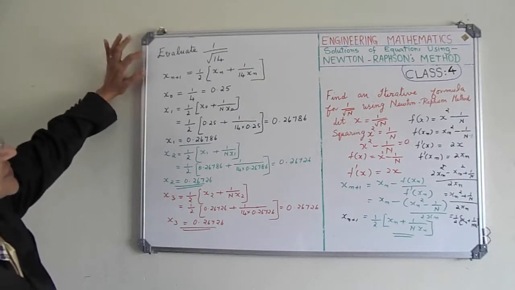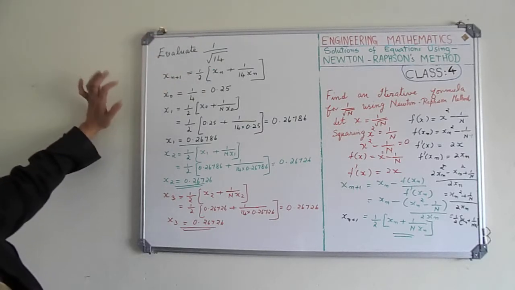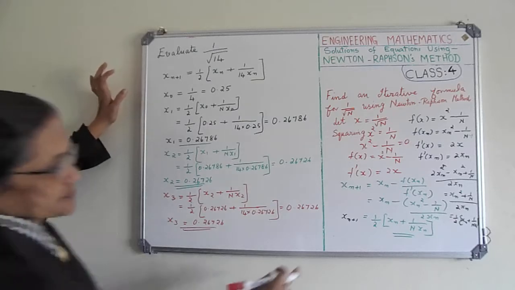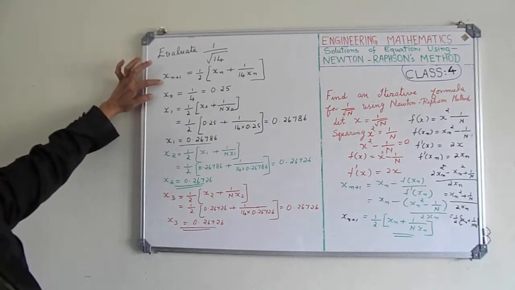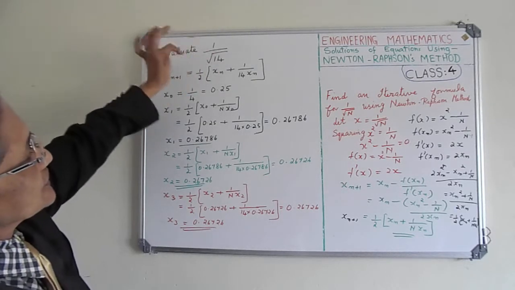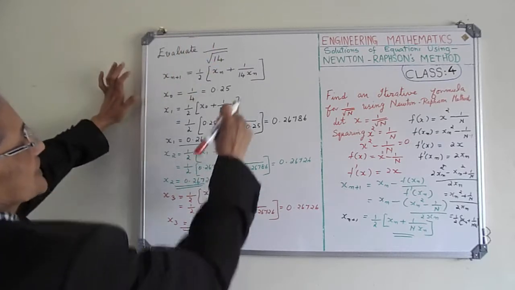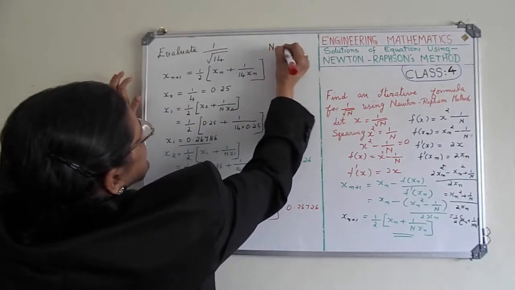Okay. Now see the question. Based on this iterative formula, you are asked to evaluate 1 by square root of 14. Now you may write down the iterative formula for 1 by square root of n: x(n+1) is equal to half times (xn plus 1 upon n times xn). What is n here? n is equal to 14.